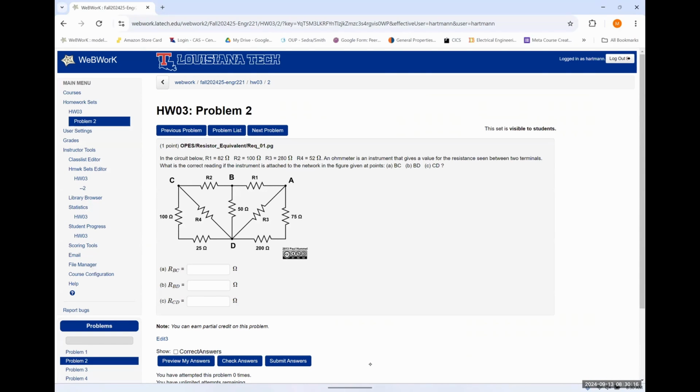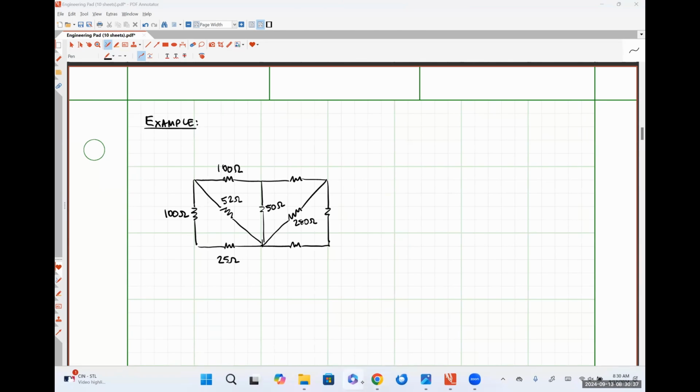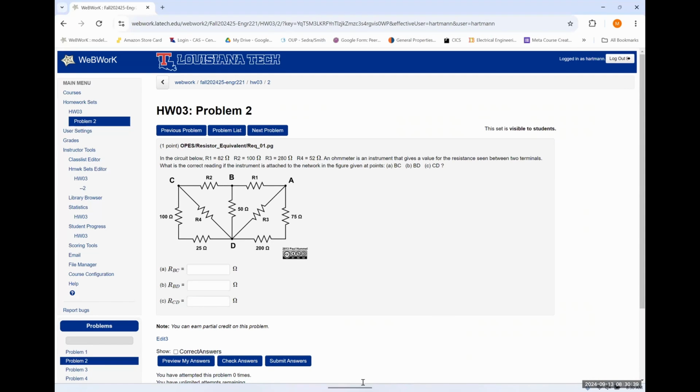Let's see, R4 was 52 ohms. We have 50 through that middle branch and 280. So that is 52, 50, and then 280. And then lastly, we have 82, 75, 200.